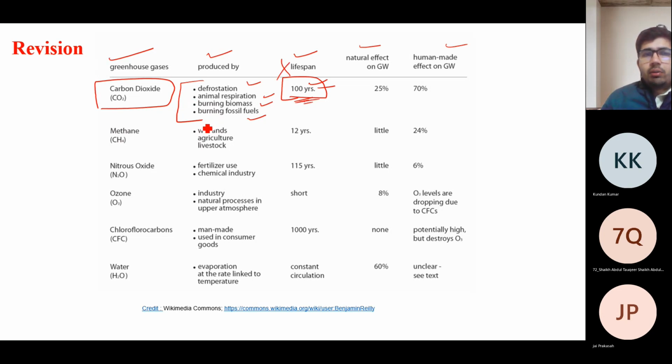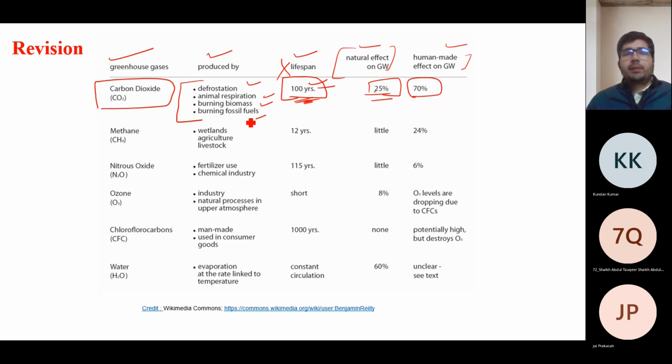Now the natural effect on global warming is around 25%, because animal respiration is there, we are also breathing out CO2, and that is okay. But the human-made effect on global warming is 70%.